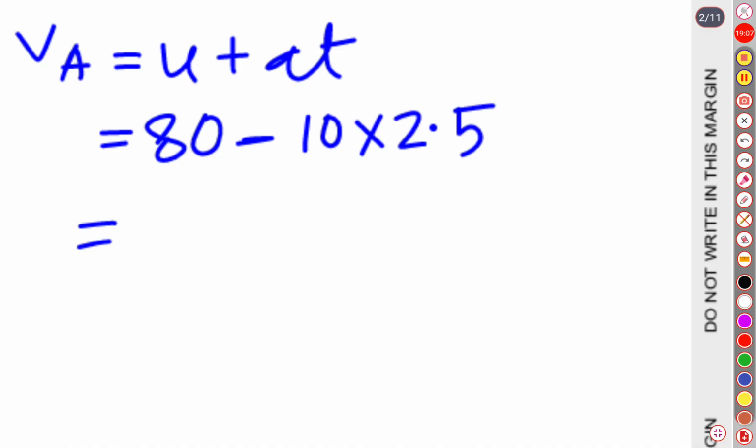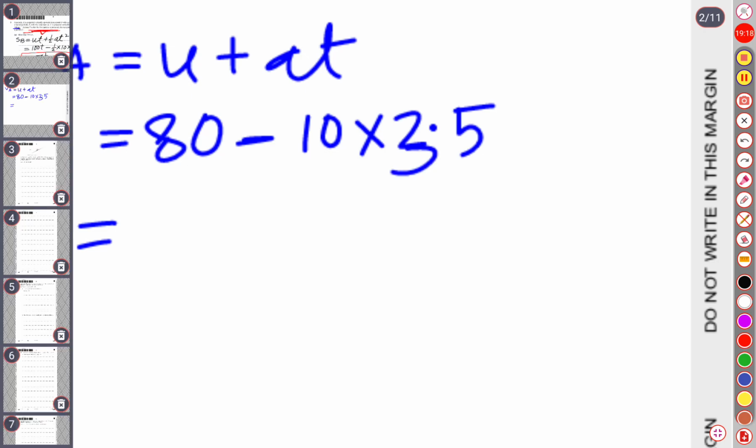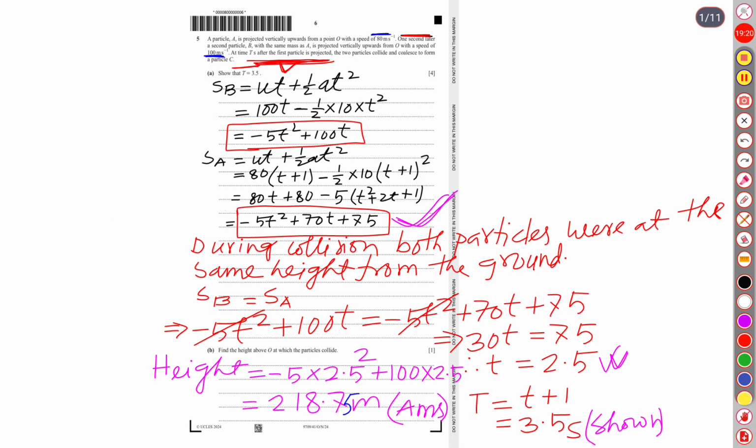Particle A took 3.5 seconds. We have not deviated from the question. Look at this, we have already written here that A took 3.5 seconds.